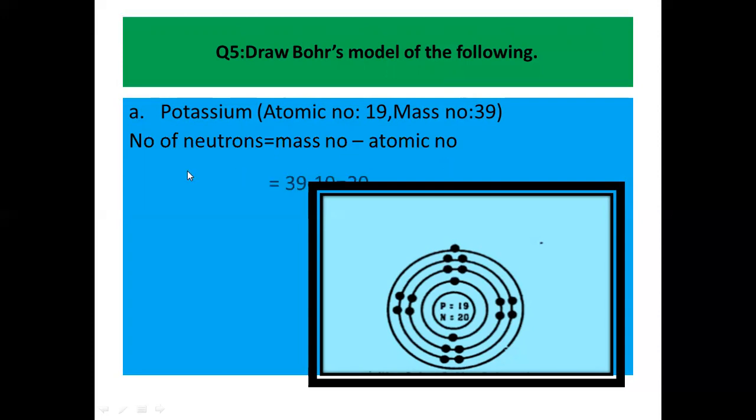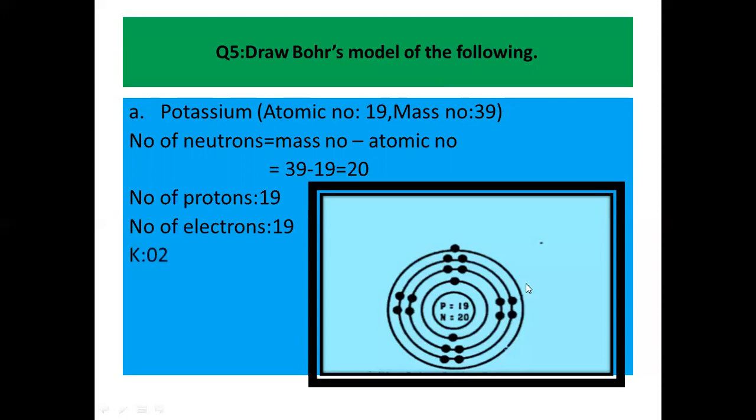Mass number is 39, atomic number is 19, so the number of neutrons is 20. Number of protons is 19 and number of electrons is 19. So we first draw the nucleus with protons 19 and neutrons 20.